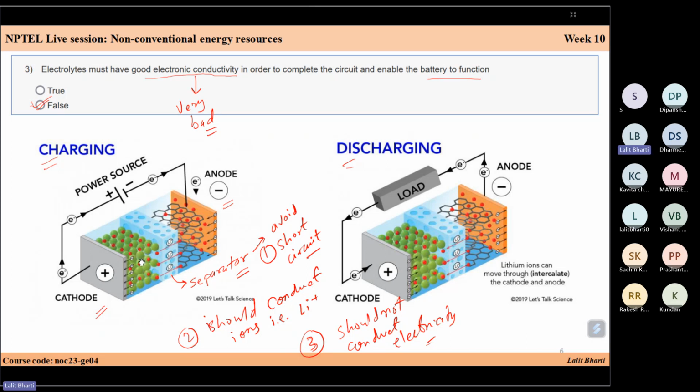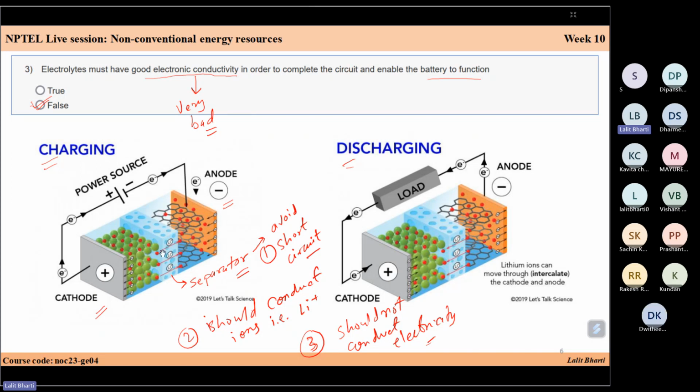The cathode and anode cannot touch each other, because if they touch directly, whatever voltage is generated will be short circuited, and the overall voltage will be zero. We also don't want electrons to flow directly, because then they will self discharge.